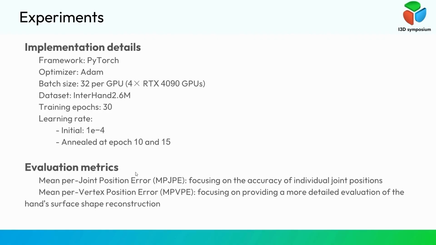By jointly considering both joint and vertex errors, MPJPE emphasizes the geometric accuracy of the skeletal pose, while MPVPE reflects the fit of the hand surface shape. Together, these metrics provide a comprehensive, multidimensional quantitative assessment of both the hand pose and shape reconstruction.